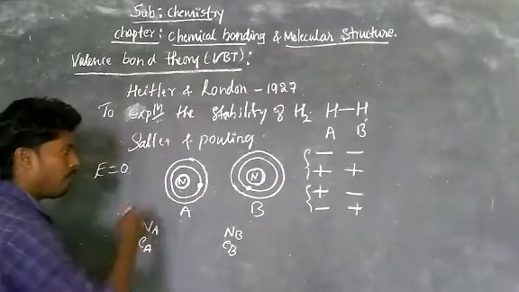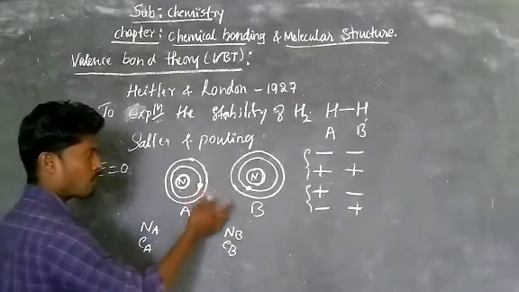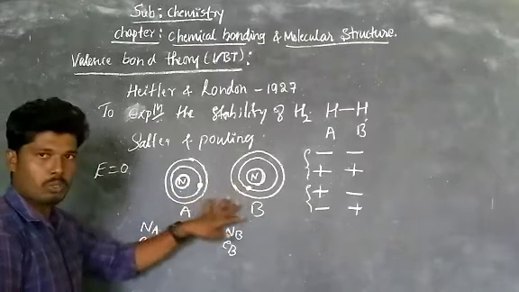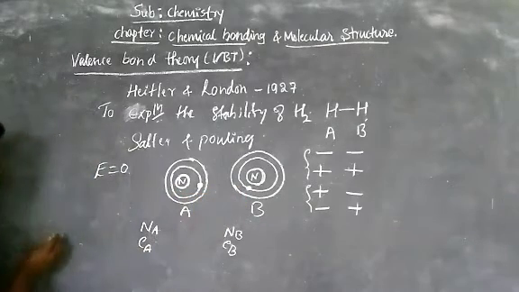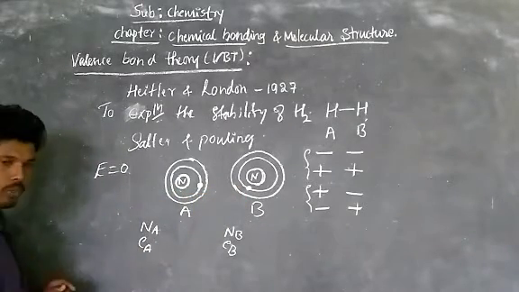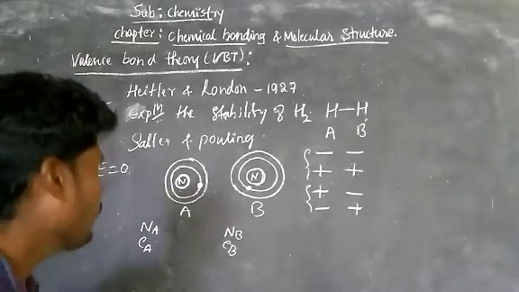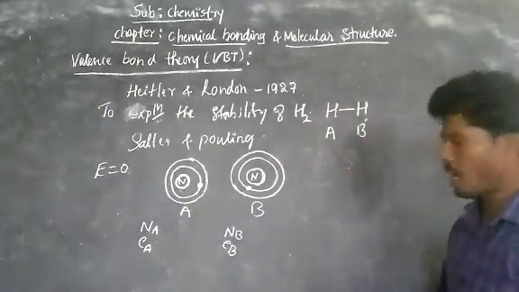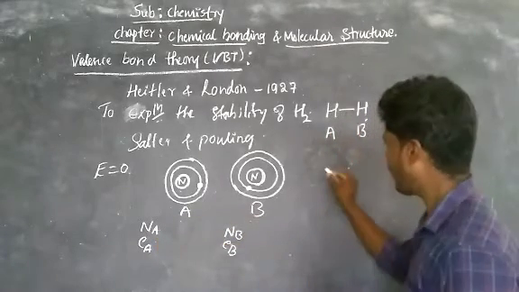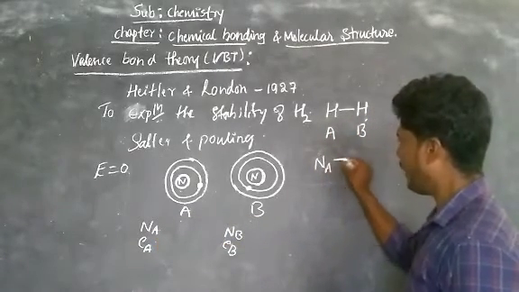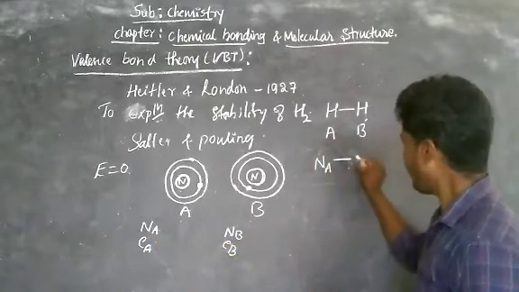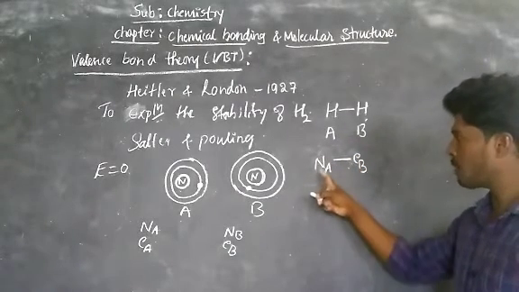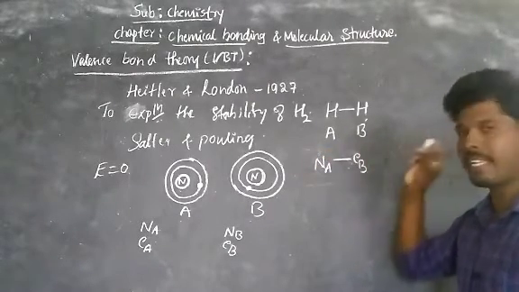Now observe what forces are present. Repulsive forces and attractive forces are present between these two atoms. The attractive force operates between the nucleus of atom A and the electron of atom B. Between these two, the attractive force operates because the nucleus is positively charged and the electron is negatively charged.